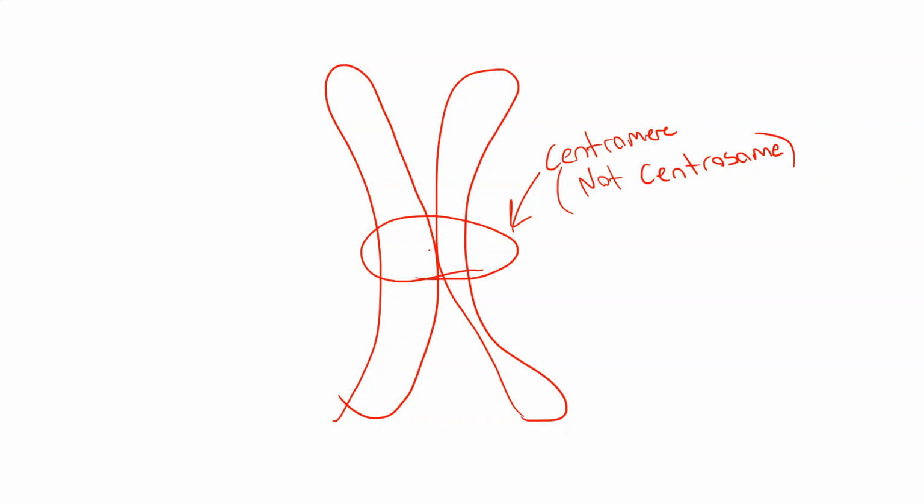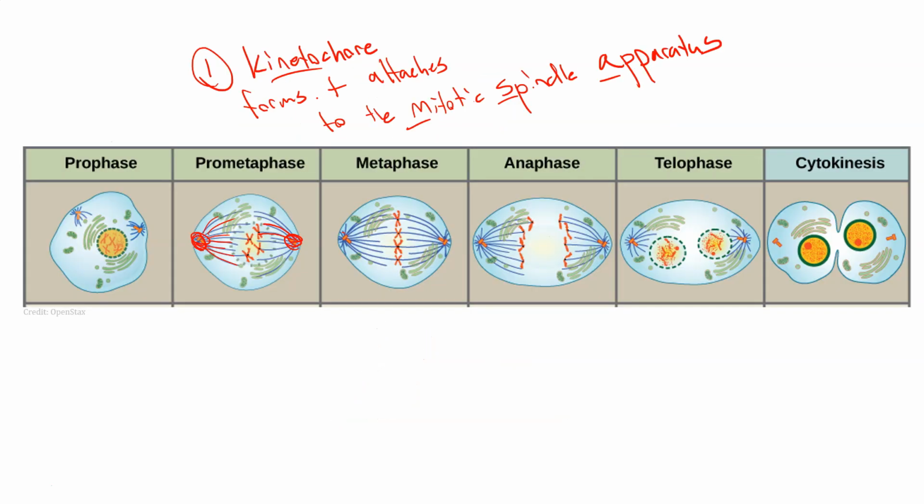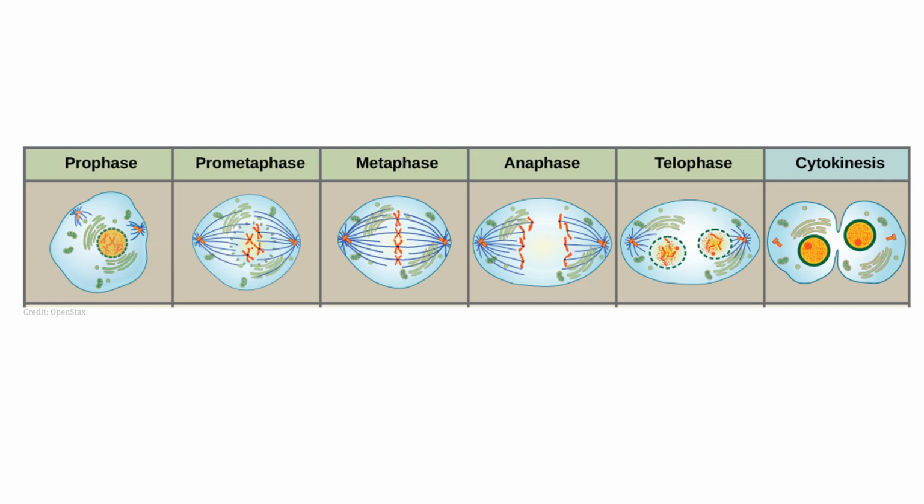Okay, and then in the centromere, there's a little sticky region here called the kinetochore. I mean, it's probably not actually sticky, but it sticks to the mitotic spindles. That is the attachment site. All right, that's all happening in prometaphase. And once the spindles grab onto the kinetochore, they can actually push, or pull, retract the chromosomes to get them all nice and lined up, which is what happens when we enter metaphase.